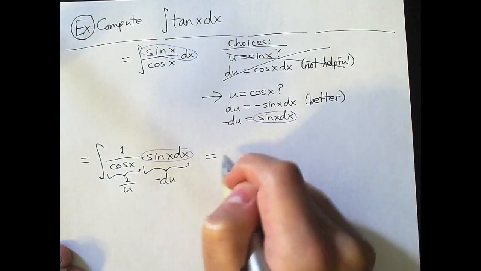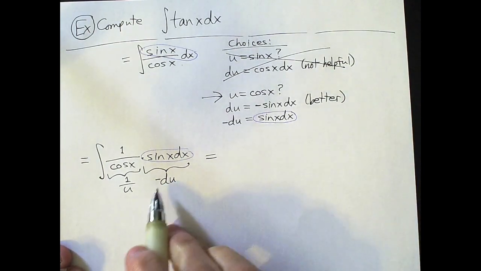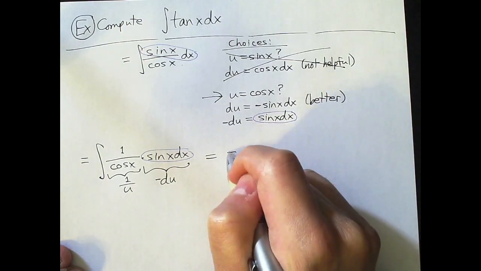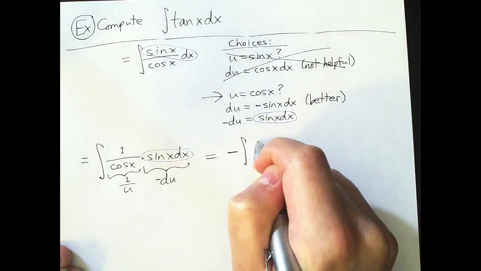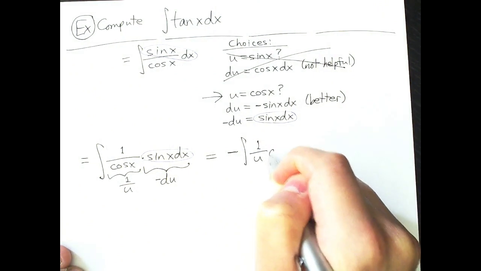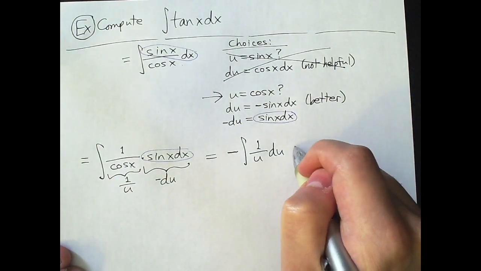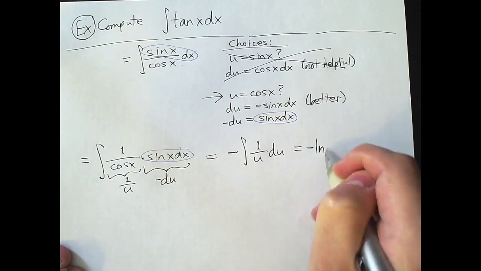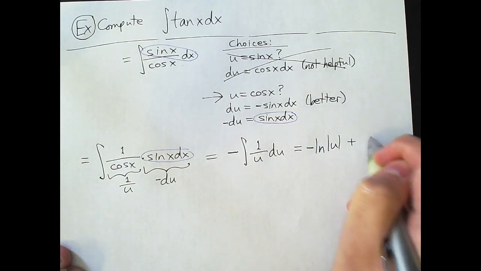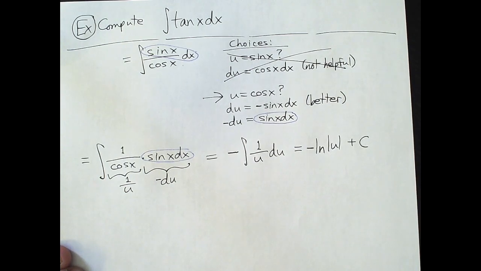So the problem becomes the negative du, which is like -1 times du, and you can just pull the minus all the way out. So minus the integral of 1 over u du. When you integrate it, you get negative ln absolute value of u, plus c. The plus c is on the outside.